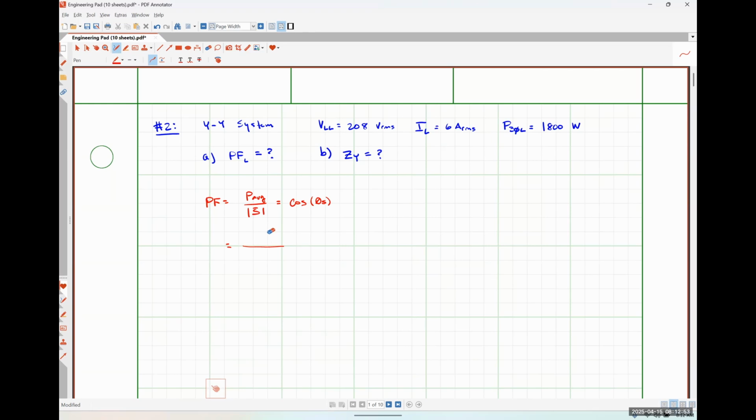So what I'm going to do here, instead of just doing the average power for a single phase over the apparent power for a single phase, is I'm going to do the average power on our 3-phase system divided by our apparent power in our 3-phase system, and that's going to give me the power factor as well. Okay. So sorry about that hiccup there. 1,800 watts divided by √3, and then here I'm going to put 208 volts RMS, and here I'm going to put 6 amps RMS.